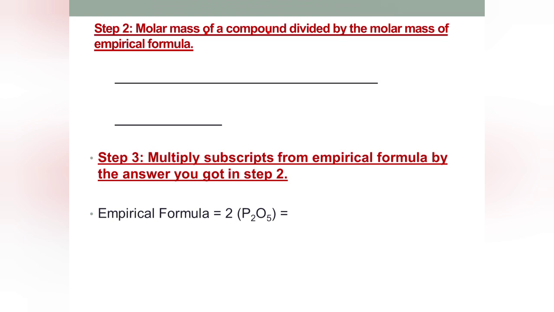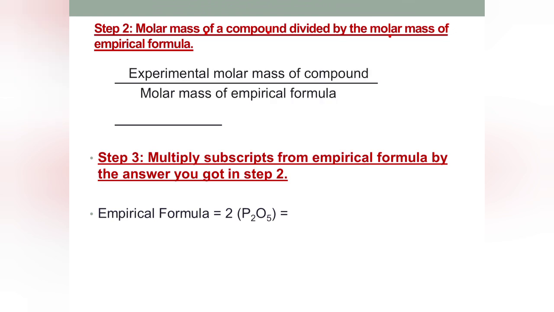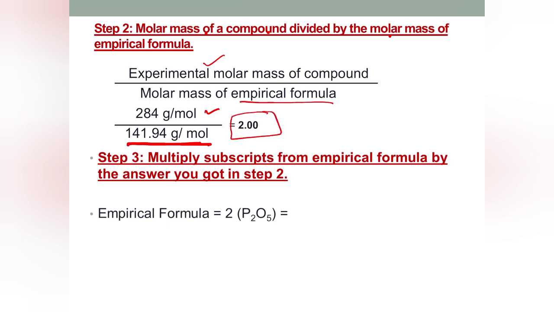Now divide the molar mass of the compound by the molar mass of the empirical formula. We use the experimental molar mass of the compound given, 284 gram per mole, and the molar mass of the empirical formula calculated in step number 1. Just divide them, and we will get a number which is a simple whole number.